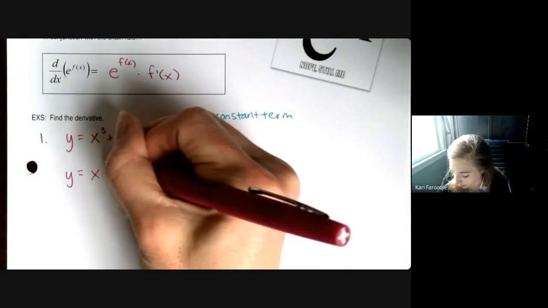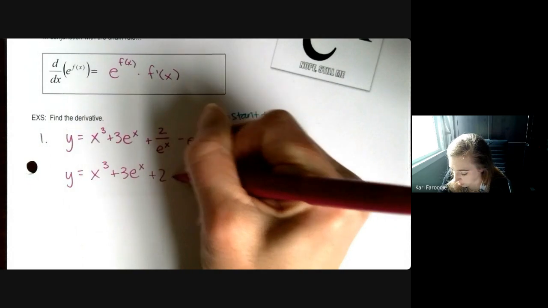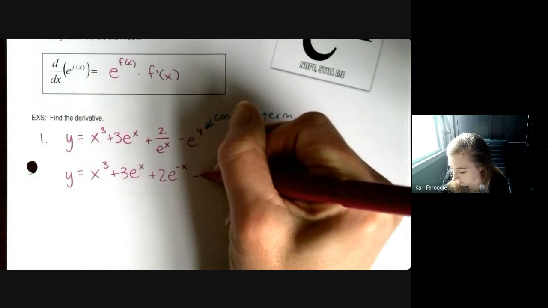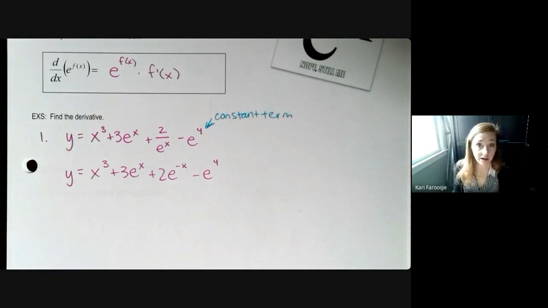So I'm going to rewrite it as x cubed plus 3e to the x plus 2 times e to the negative x. When you bring that e to the x up into the numerator, remember the exponent becomes negative.